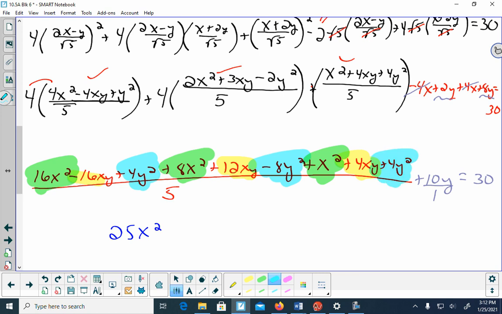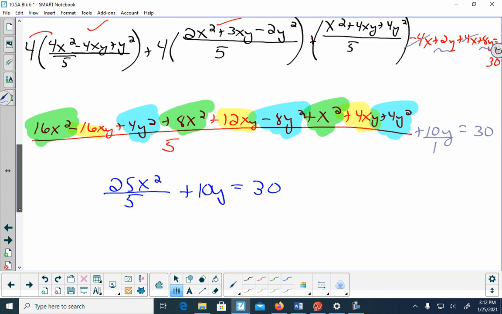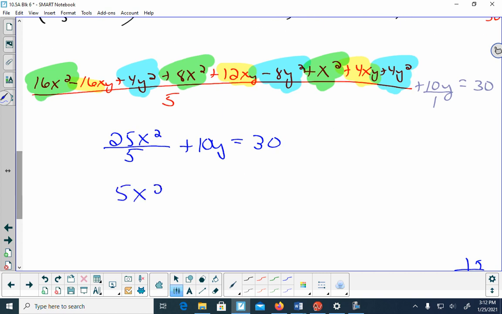And I'm doing a double check. Yes, that did end up equaling 0. The only thing I have left over 5 is this 25x squared. Then I had that plus 10y is equal to 30. 5x squared plus 10y is equal to 30. So that's my equation right now.